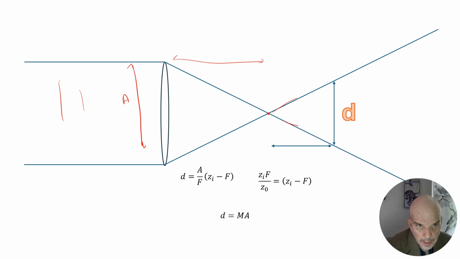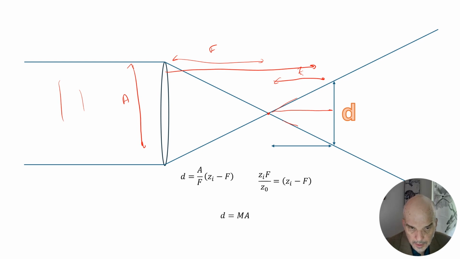So the half angle there would be A over 2f, and the full angle is A over f. If we multiply that by this distance, the full distance from the lens to the image plane, z sub i minus f, we get the extent of the beam.